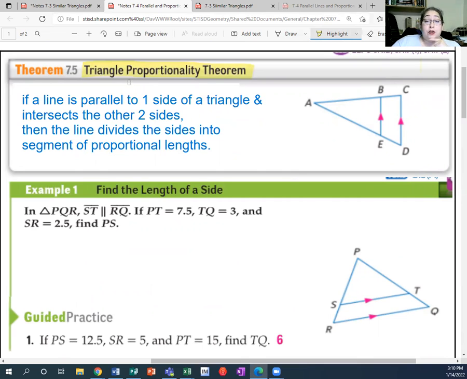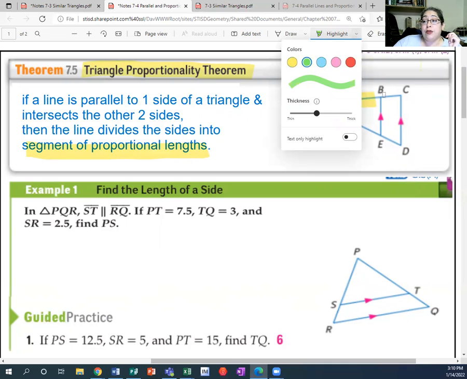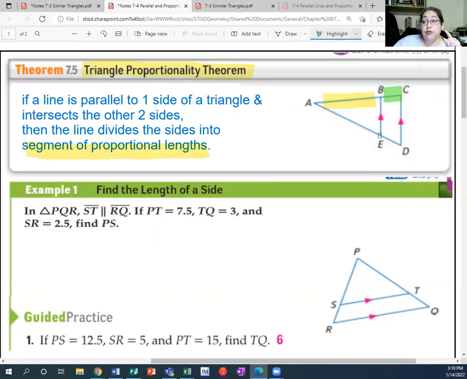The triangle proportionality theorem says, if a line is parallel to one side of a triangle and that line intersects the two other sides of the triangle, then the line divides the sides into segments of proportional lengths. That means that this piece written in a fraction with this piece is going to be equal to a fraction of this piece and this piece.